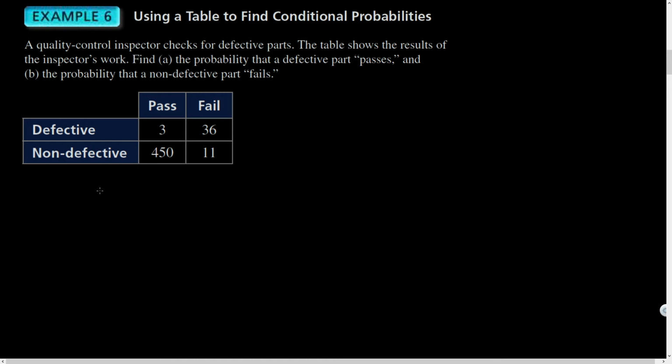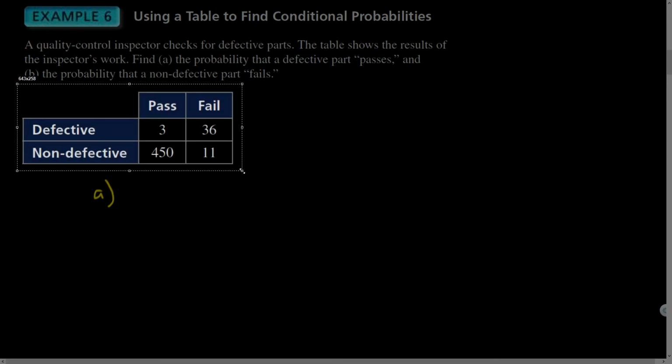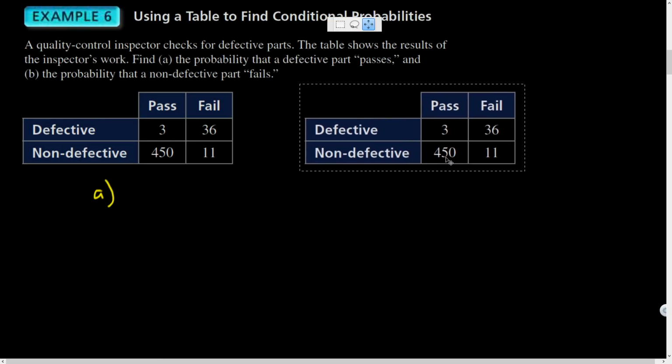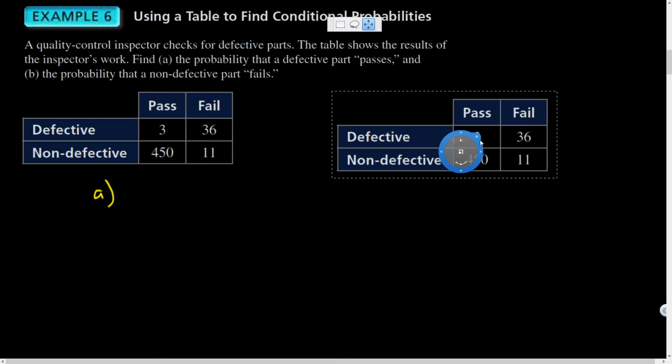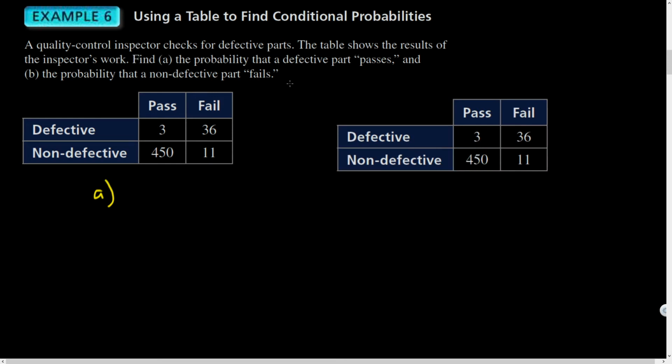Let's say I'm gonna copy this and paste it over here, and I'll draw this up separately each way. We're assuming that we already have a defective part, so I'm looking at just the defective parts. The denominator would be 3 plus 36, which is 39.